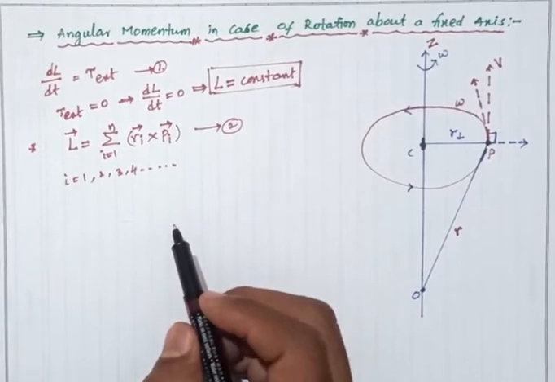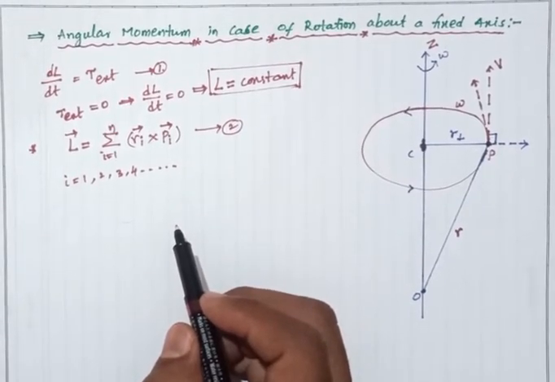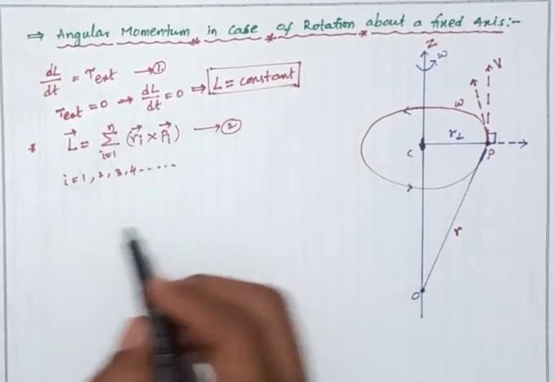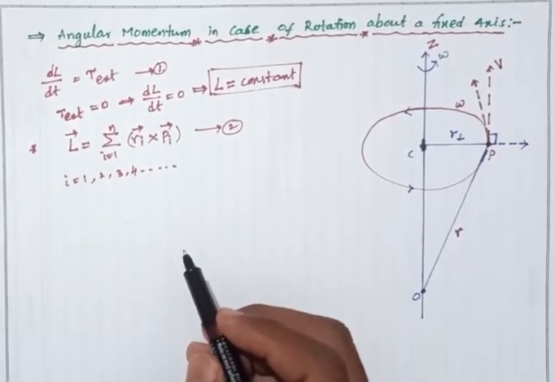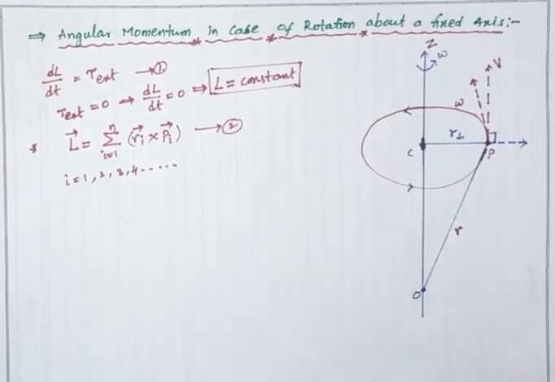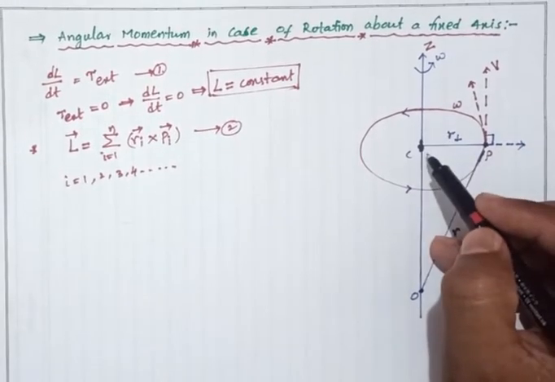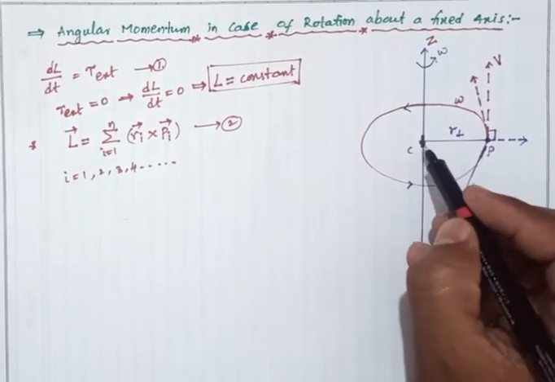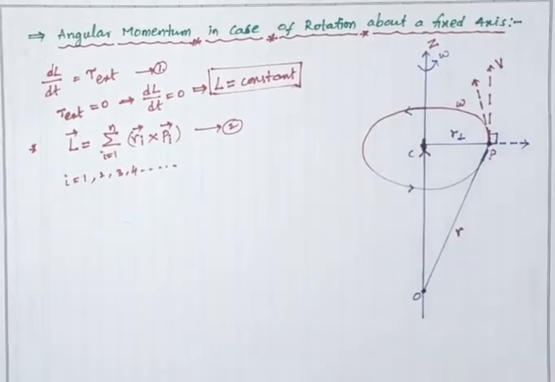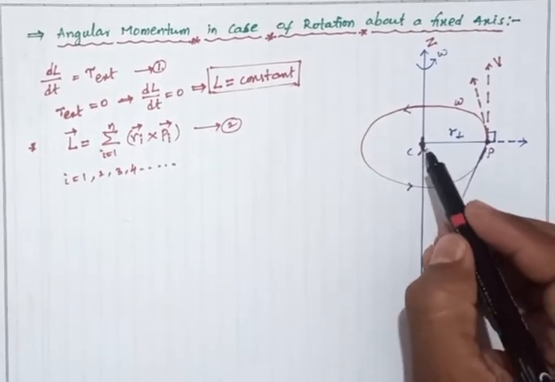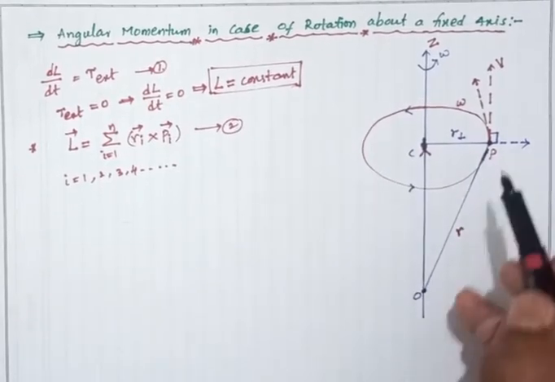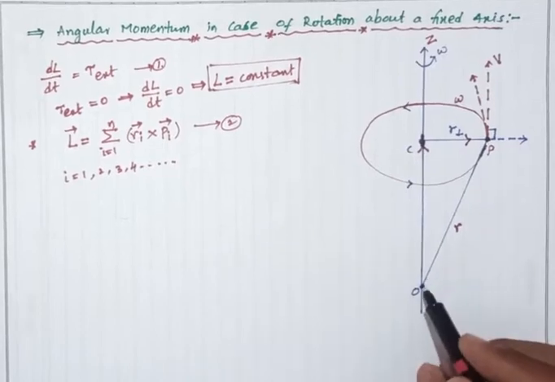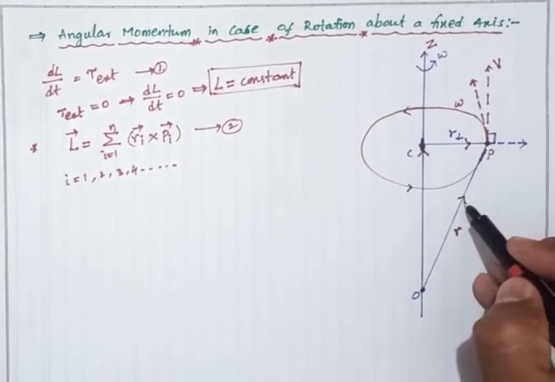Now we consider L equals R cross P. But in this diagram, R is the vector OP. O to C is one vector, and CP is another vector.